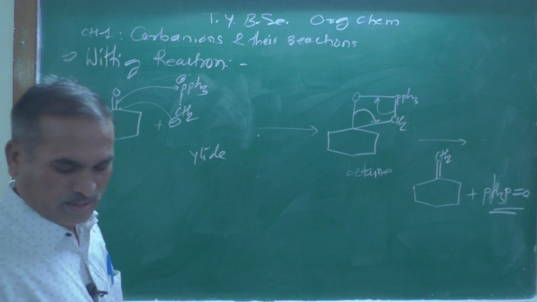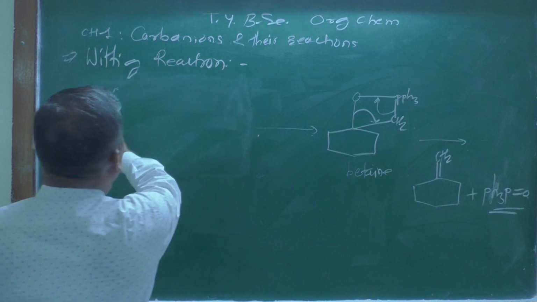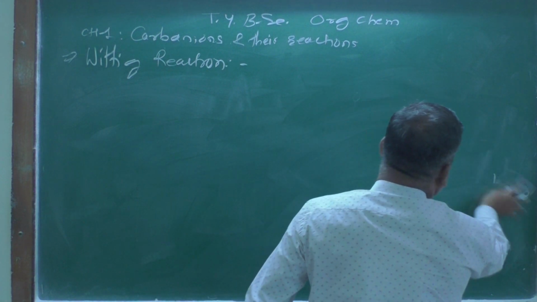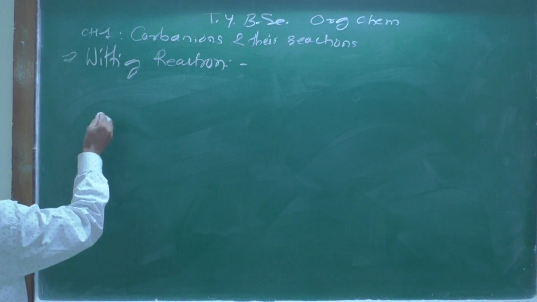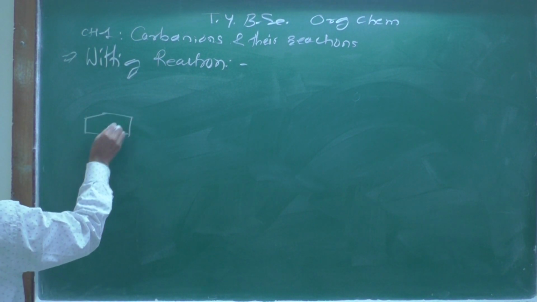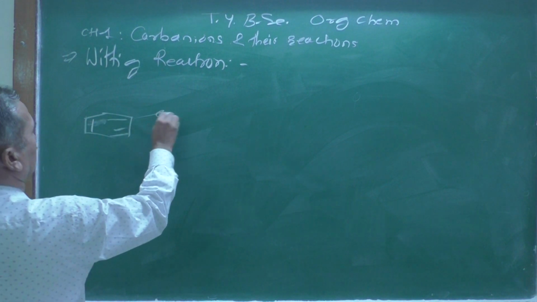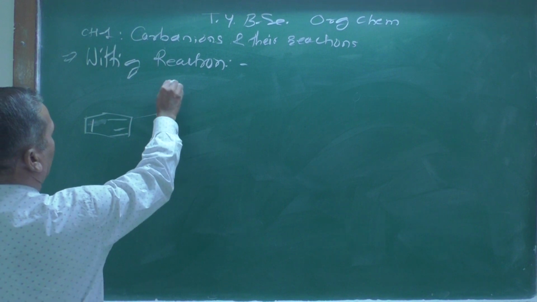Let us see one more example. Suppose we have a benzaldehyde here. Everybody knows the structure of benzaldehyde is this one. Then I am writing C=O over here, and one hydrogen atom here.